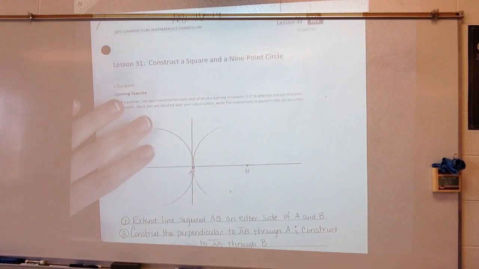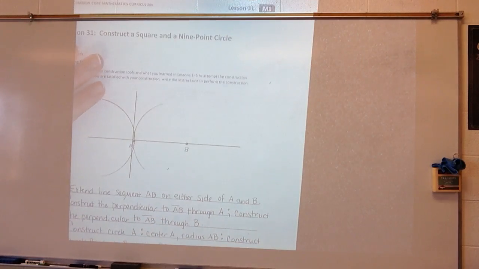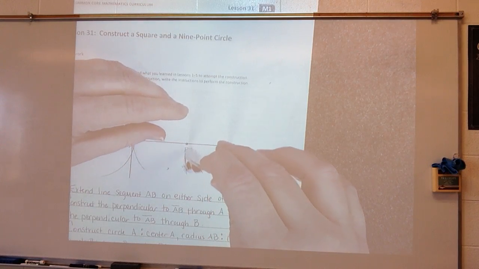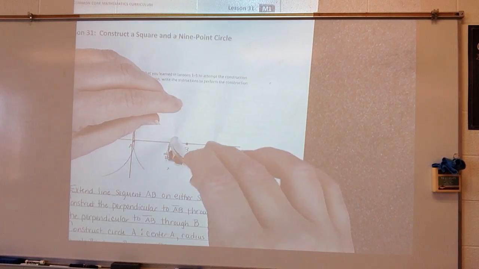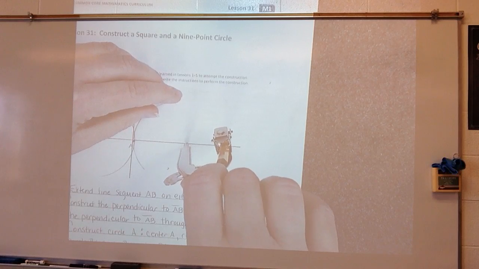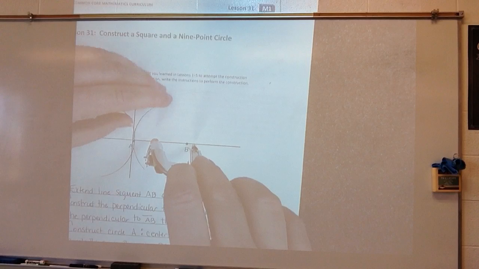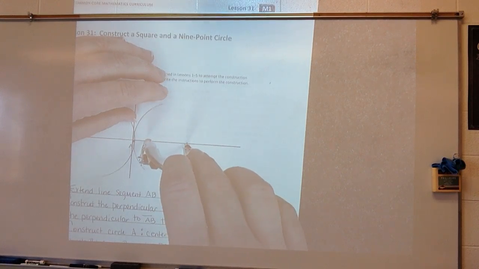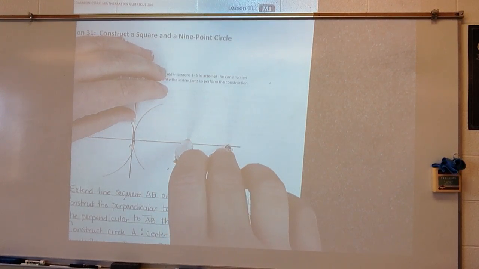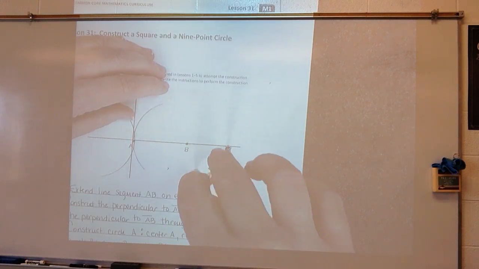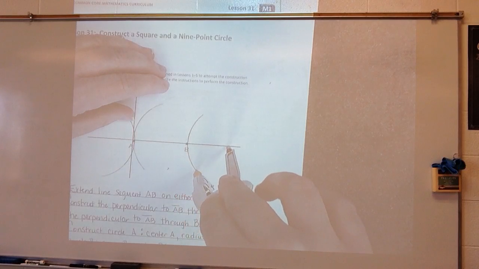Alright. I'm going to come over here to B. I'm going to do the same thing. Alright, I want to put my compass point on a point away from B. And I'm going to draw my arc.